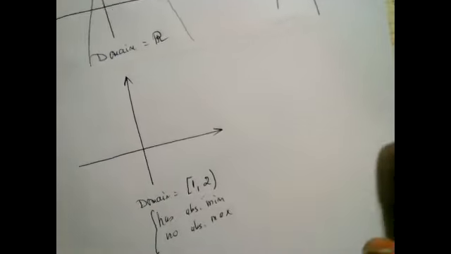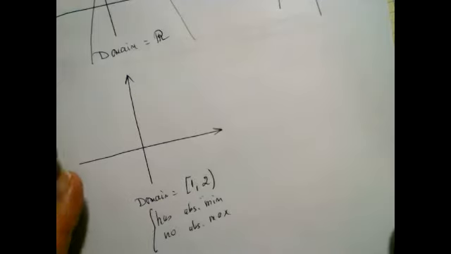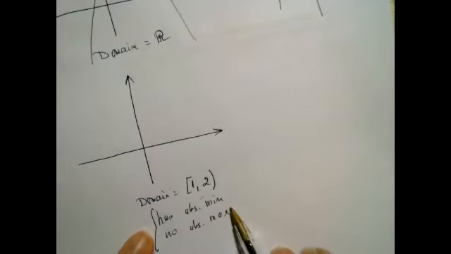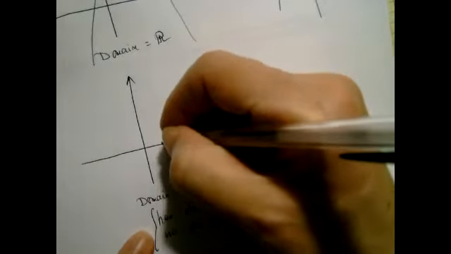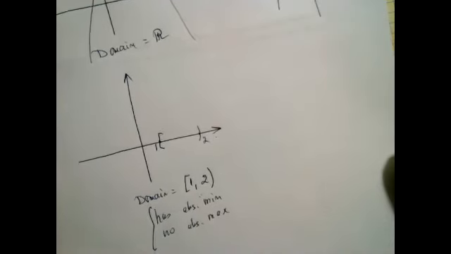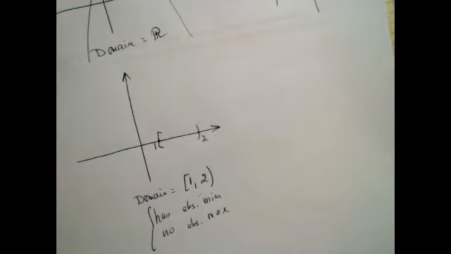Is it easy to draw such a graph? No absolute max, it has an absolute min, and the domain is 1 to 2. Anybody? Would it be a parabola?